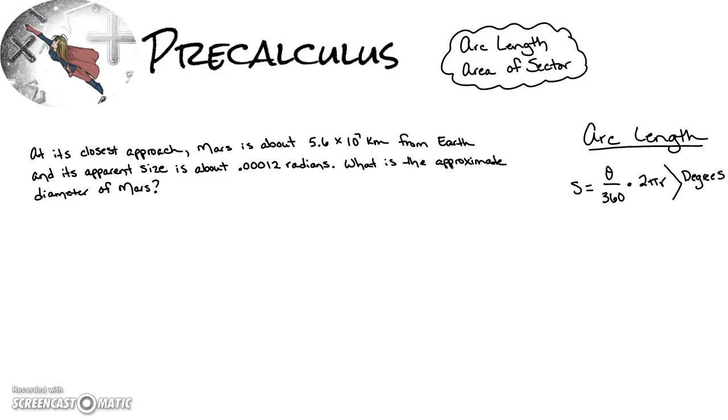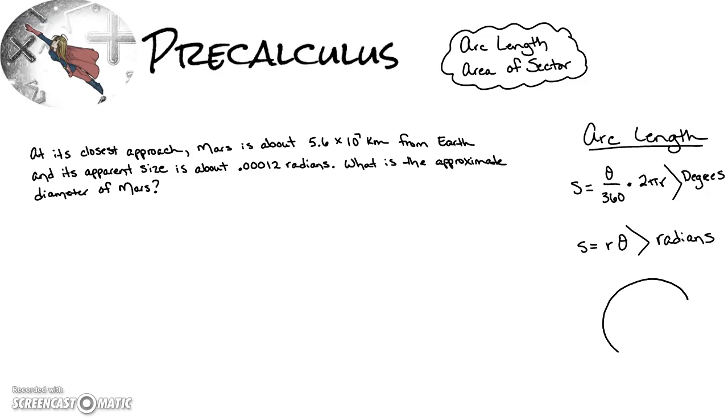The arc length is a fraction of the total circumference, and 2 pi r is representing circumference. So that's kind of an easy way to remember that formula. But then if your theta is in radians, S just equals r theta.